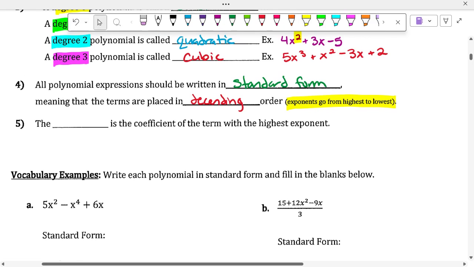Now, the blank is the coefficient of the term with the highest exponent. Does anyone remember what that's called? So the coefficient connected to the variable with the highest exponent. Does anyone remember what that's called? You guys remember the leading coefficient?